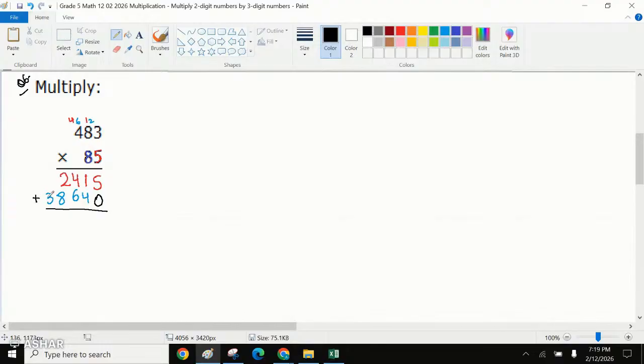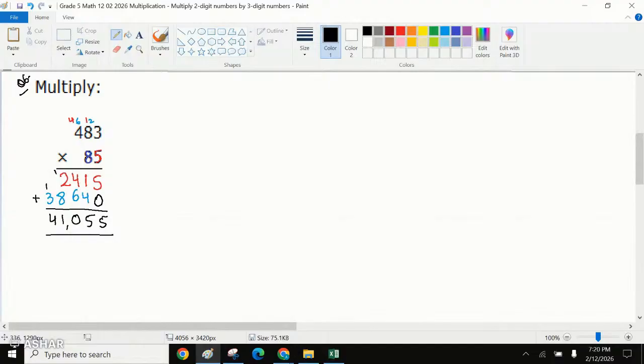When we add these numbers together, 5, 5, 10, 11, 4. Let's confirm. Yes, thank you so much, Inspiration. The 483 into 85 comes out to be 41,055. Okay, perfect. Your answer is also correct.